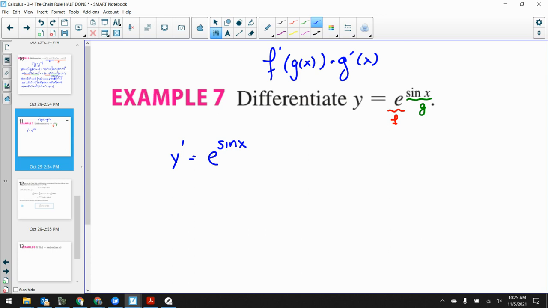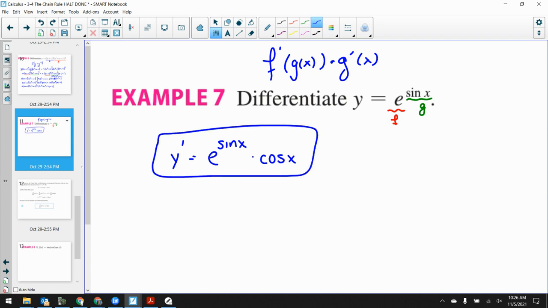But now, because of chain rule, what do I have to multiply it by? Times the derivative of this. What is the derivative of sine? Cosine. And that's all I can do with that one. E to the sine x times cosine x.